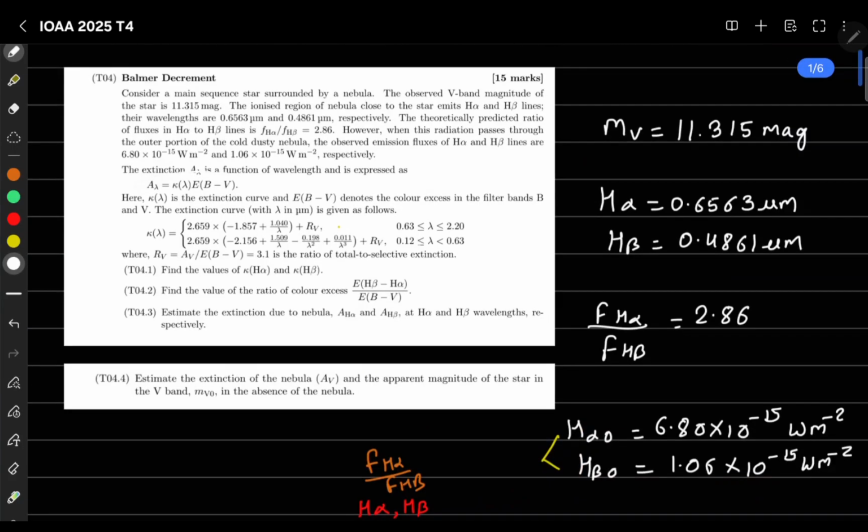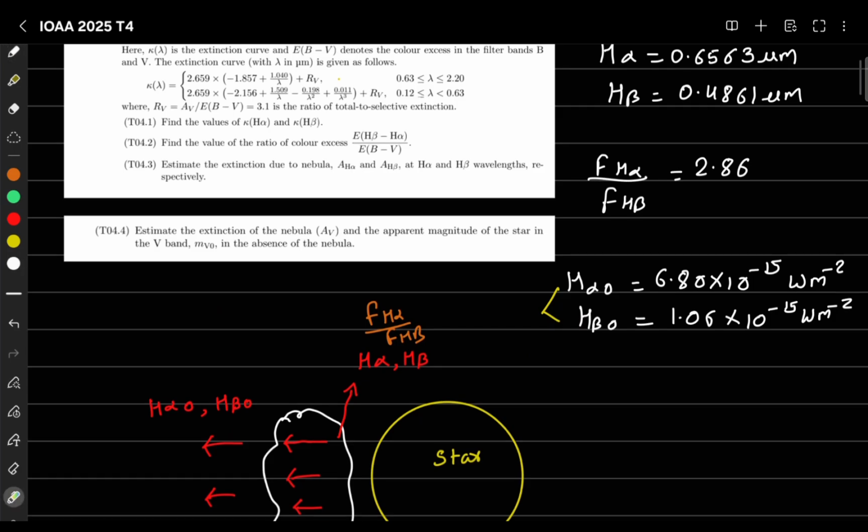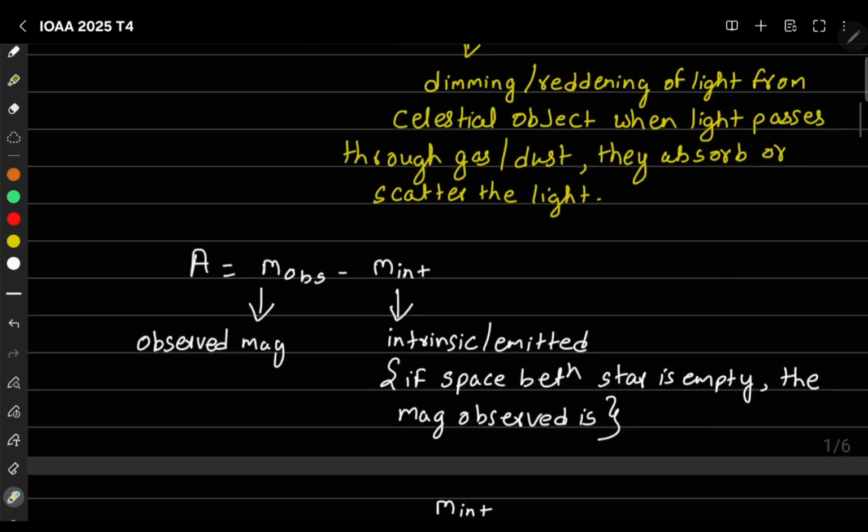This is part 3 of our question. Now part 4 says to estimate the extinction of a nebula A_V and the apparent magnitude of a star in the V band. Okay, so now we found the extinction at H alpha and H beta. Now we need to find the extinction in the V band, that is the visual band, and then the magnitude M_V naught, which is in the absence of the nebula.